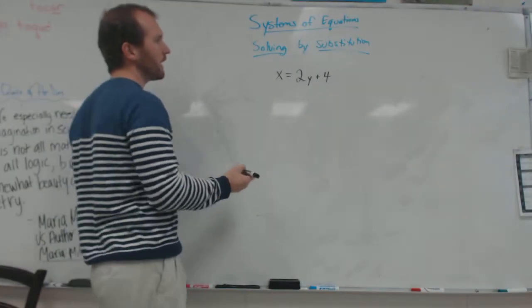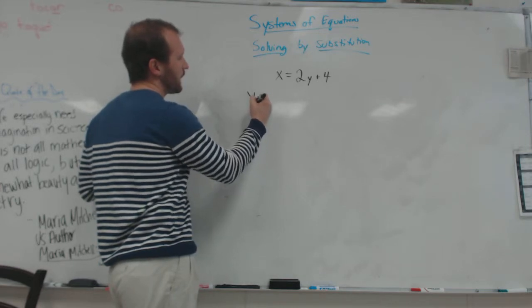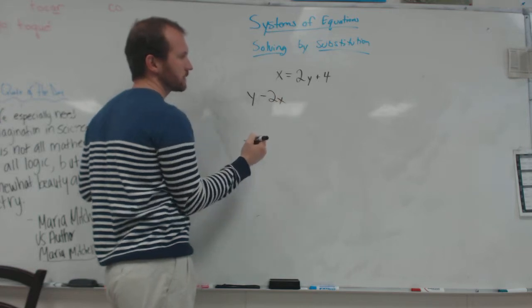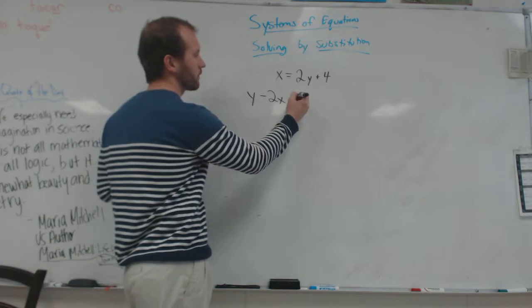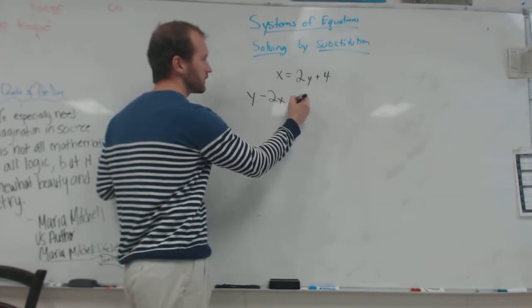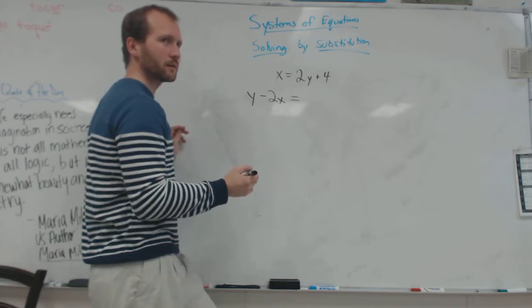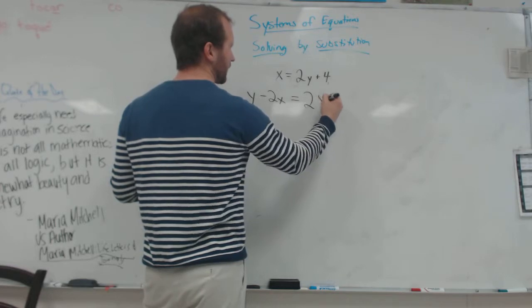And then what if I had, let's say, y minus 2x equals 28.